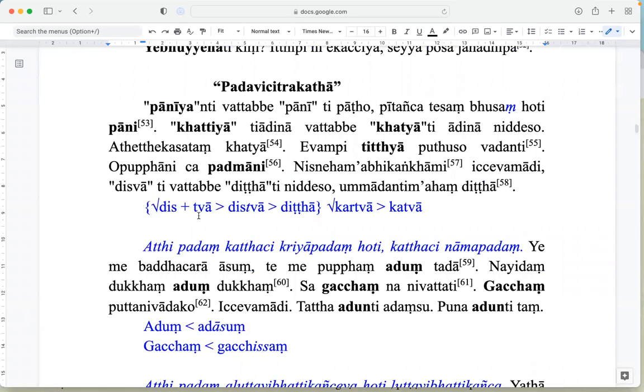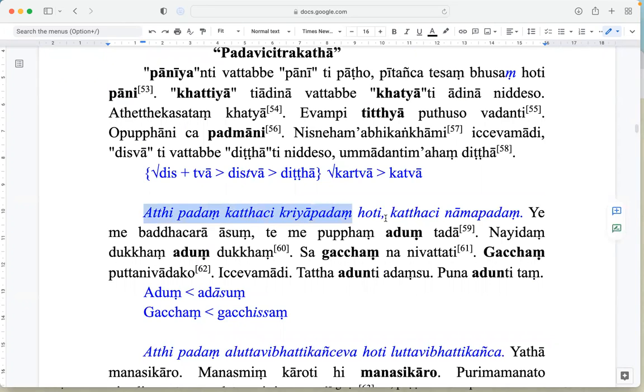So here also at the very beginning, ati badan kataji kiriya badan hoti, kataji nama badan.